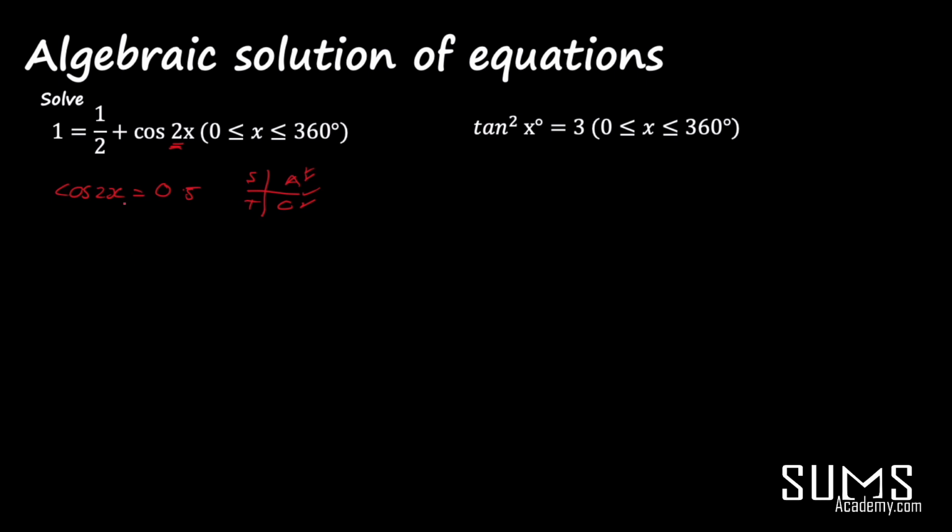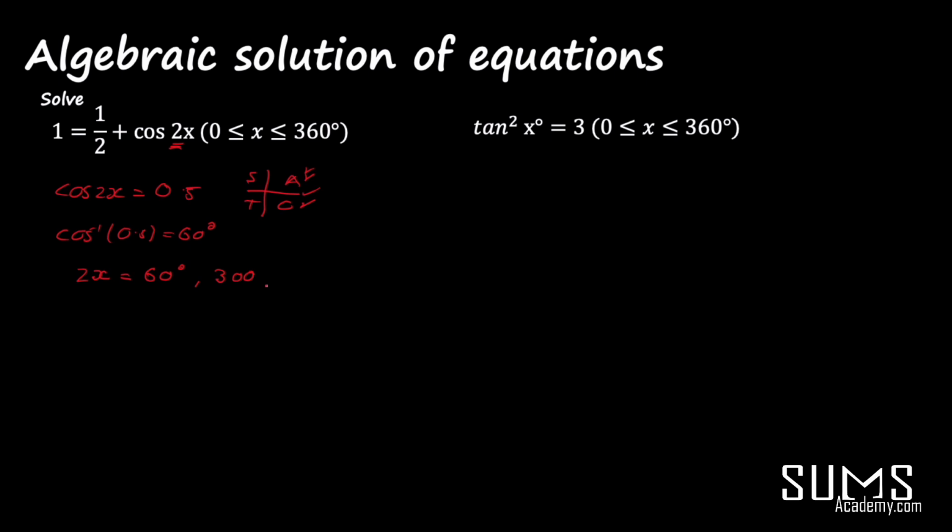So the first thing we want to work out is inverse cos of 0.5, which is equal to 60 degrees. And we're saying that 2x is equal to 60 degrees, but we also know that it's in the last quadrant here as well. So that's going to be 300 degrees, because 360 minus 60.